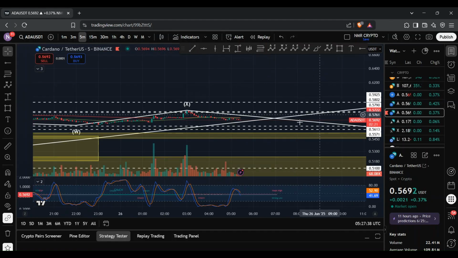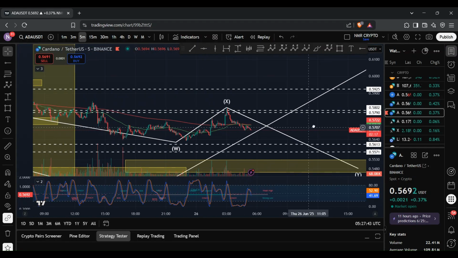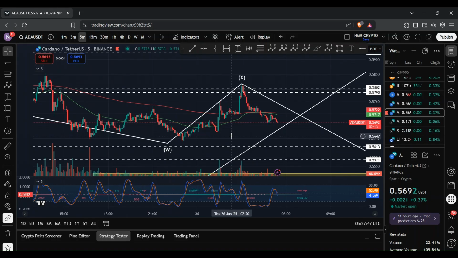So if I go on the 5-minute chart, what I'll do is check to see if that X wave is now complete. Straight away I can see that this move here looks to be corrective.